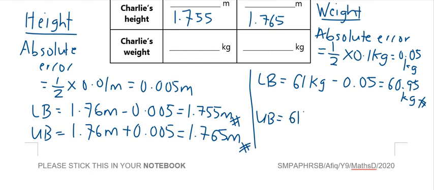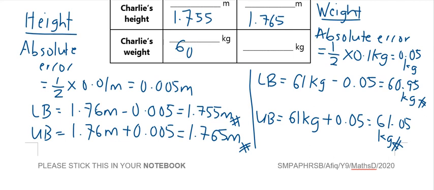So 61 kilogram will be added with your absolute error. So your answer will be 61.05 kilogram. Right? So you just fill in this one. 60.95 and 61.05 kilogram. Okay, so basically that's it for the measurement of the lower and upper bound.